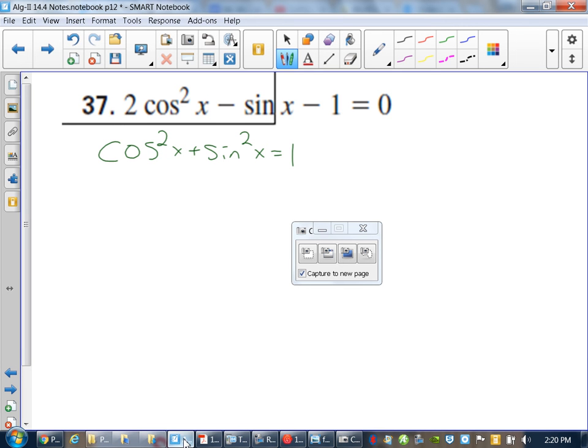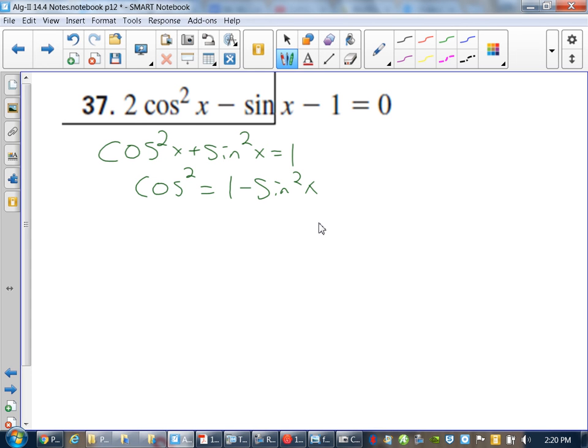I squared the whole thing and then factored. That's bad. I don't even know why it took half the page. Well, if you looked at your notes, we did this problem yesterday as a sine squared and a cosine in the middle. It's the same thing. So that means that I can say that cosine squared is 1 minus sine squared, and I just fill it in from there.